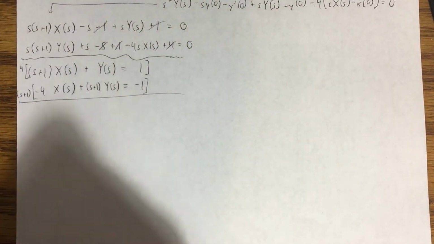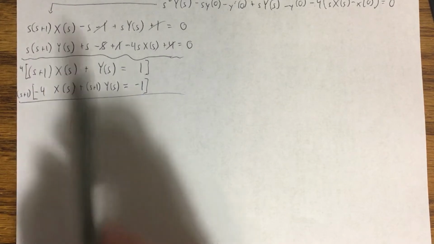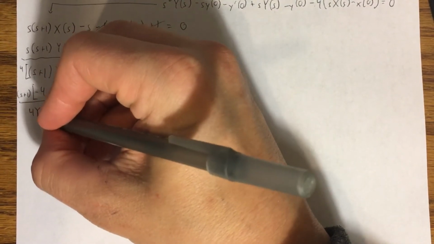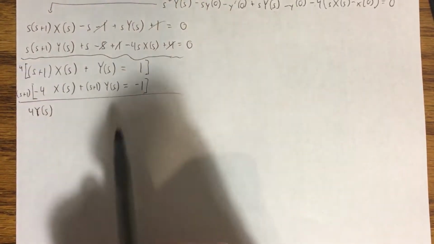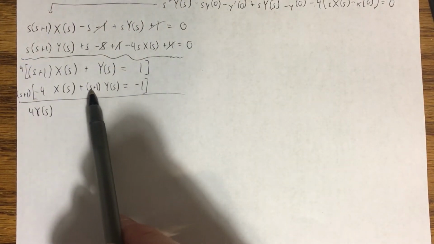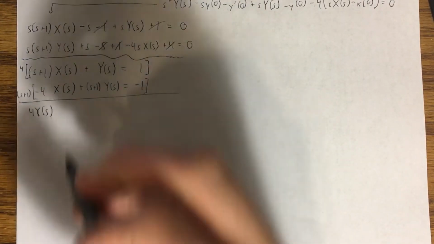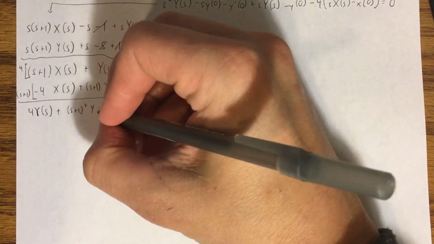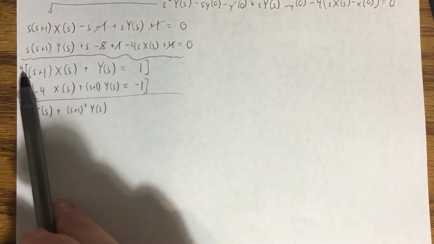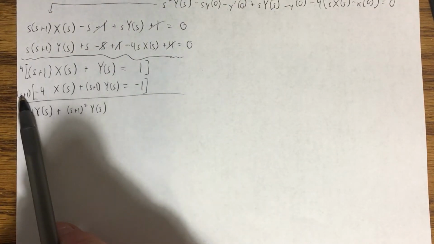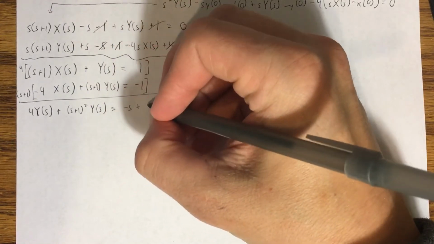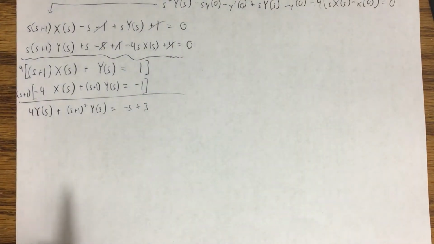So that's going to eliminate these x's, and then I'm going to get a 4y of s, plus (s+1) times (s+1), so plus (s+1) squared y of s. And then I'm going to get a 4 here, a negative s, and a negative 1, so that's going to equal negative s plus 3 after adding those terms.